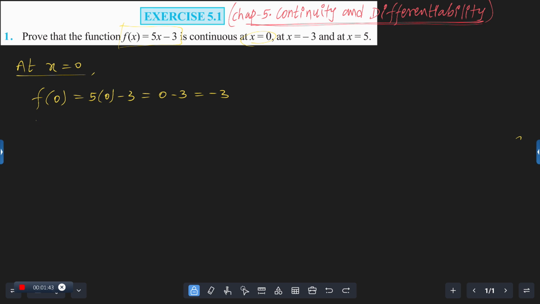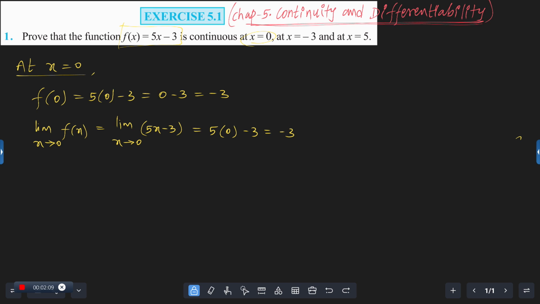Now the limit value. Limit x tends to 0, f of x, which is equal to limit x tends to 0 of 5x minus 3. For this 5x minus 3, we have to apply the limit x tends to 0. When you replace x with 0, what am I getting? The same minus 3. Have you noticed it?